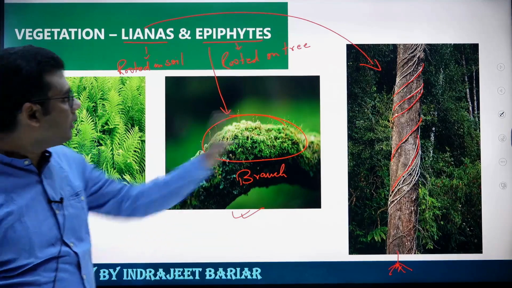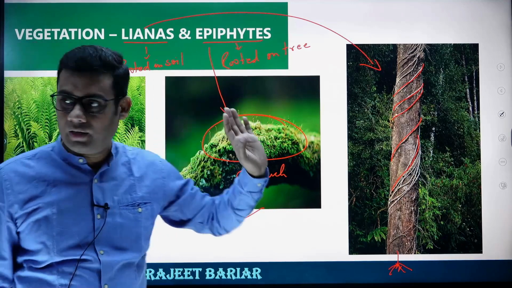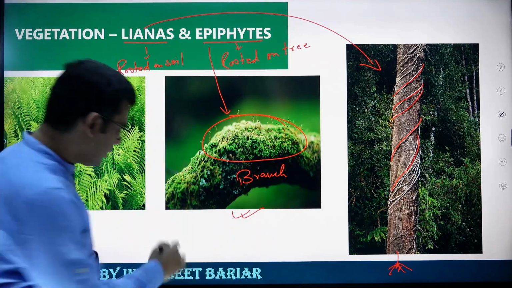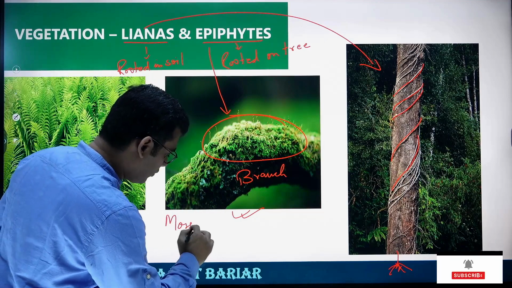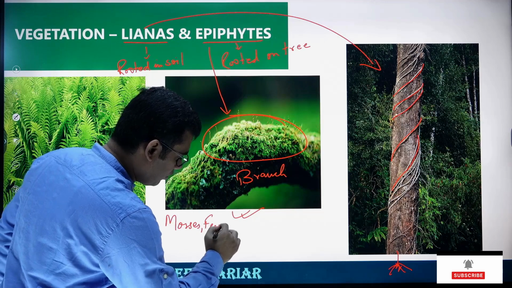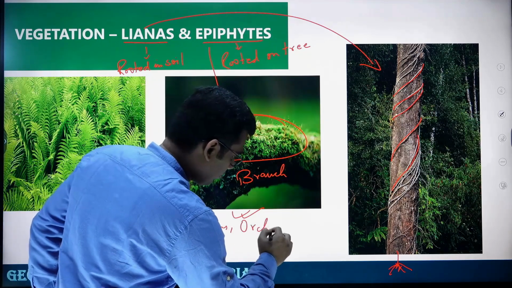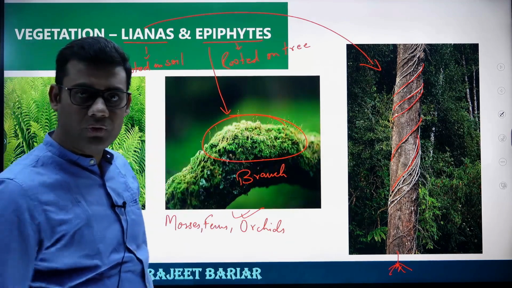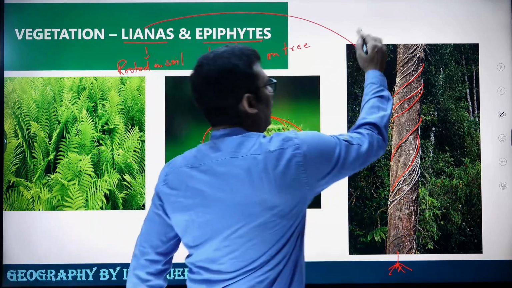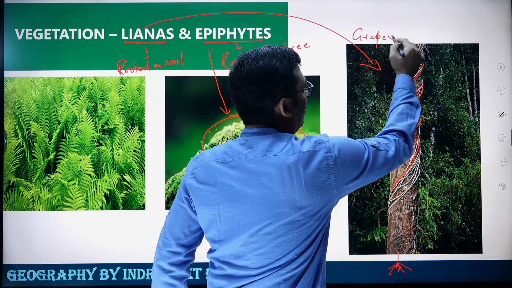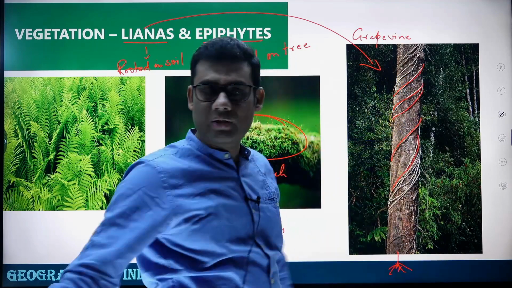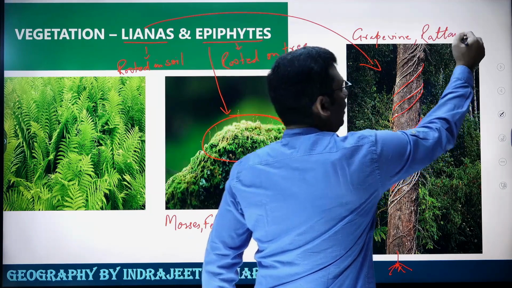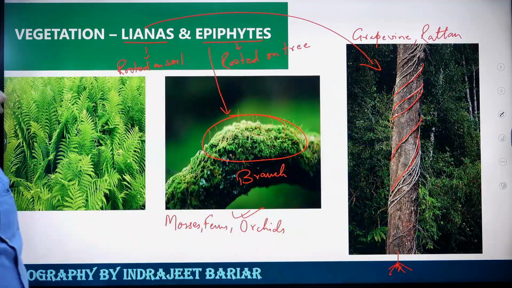So this is the basic difference between epiphytes and lianas. Some examples of epiphytes include mosses, ferns, and orchids. With respect to lianas, there are different types of vines, like grapevine. Grapevine is one such example. Similarly, rattan would be another example of a liana.